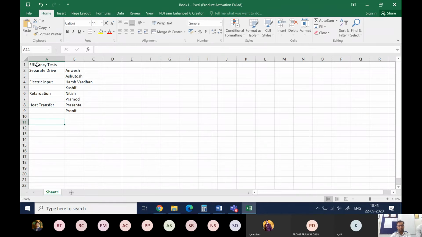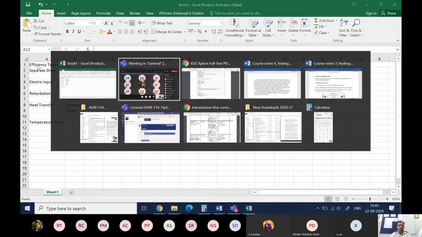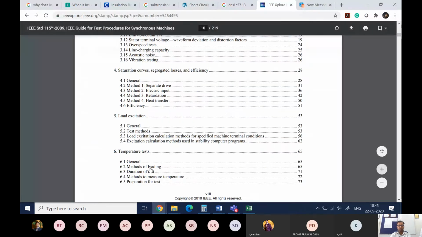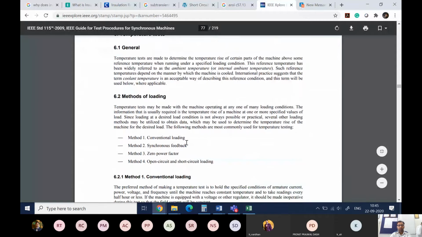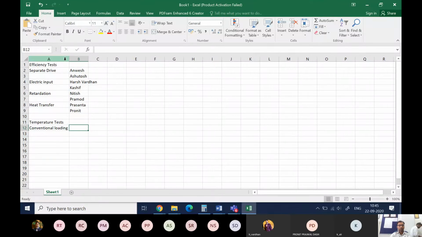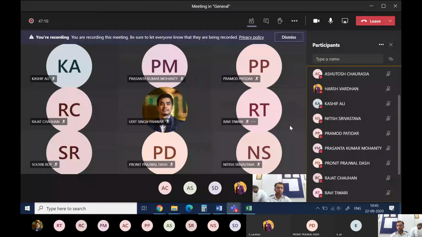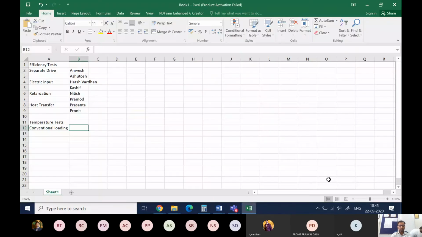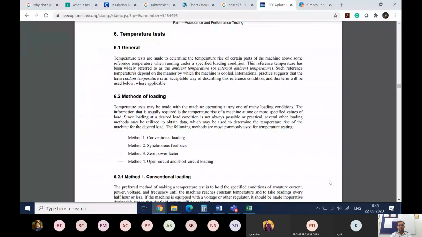For temperature rise tests, out of the 4, only one is a little simple. We will give that to only one person, and the complicated ones to 2 people. So these are the methods. The conventional loading method, Rajat. We have the synchronous feedback.